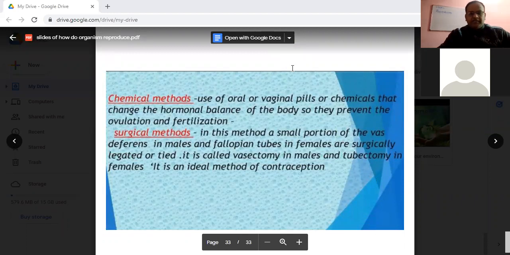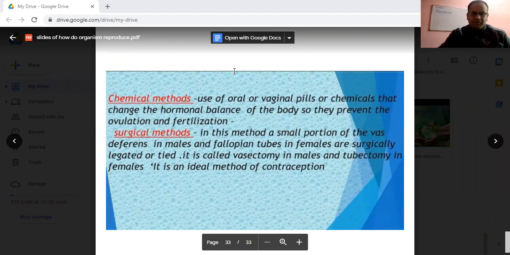Okay, fine. Next, students, we are coming to the chemical method. The chemical method is the use of contraceptive pills by females, which change the hormonal balance. That means they disturb the menstrual cycle.